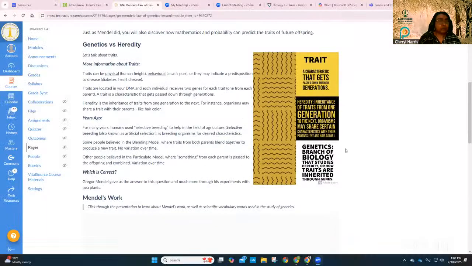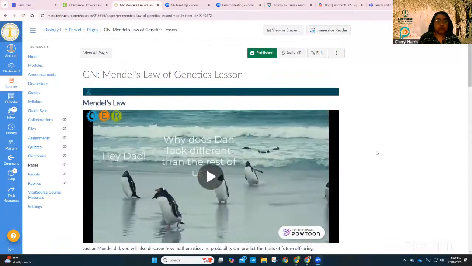Okay, look at the page for Mendelian genetics. So you want this page, Mendel's Law of Genetics.